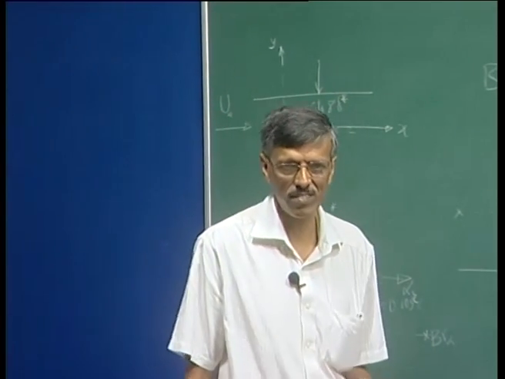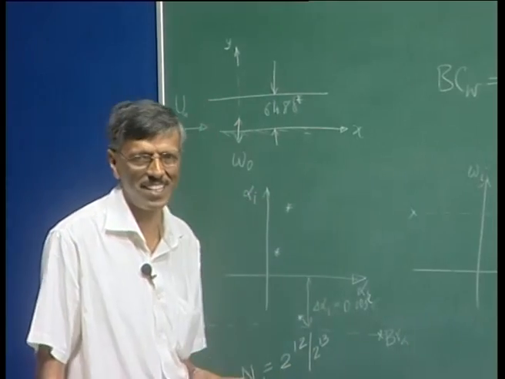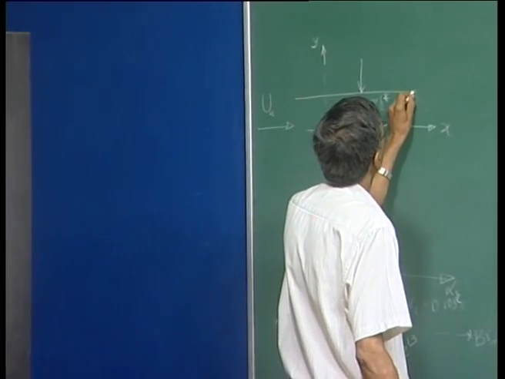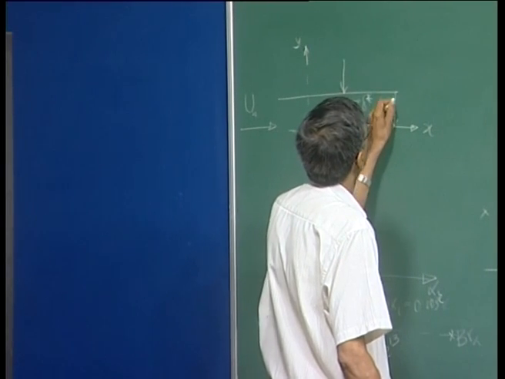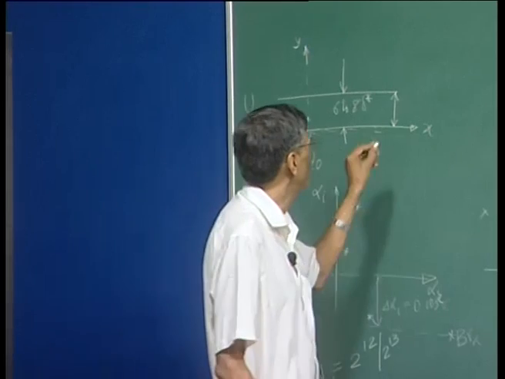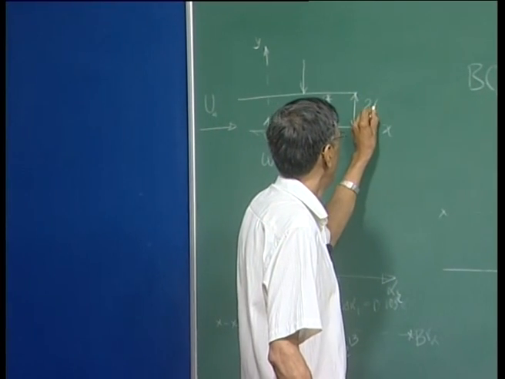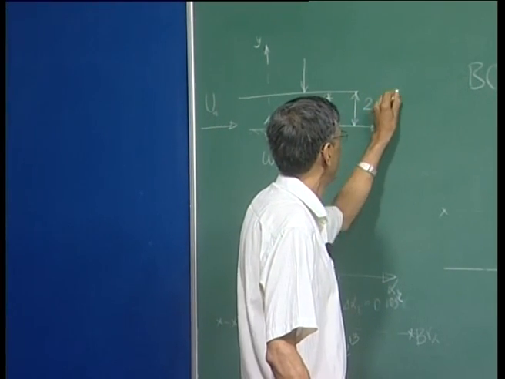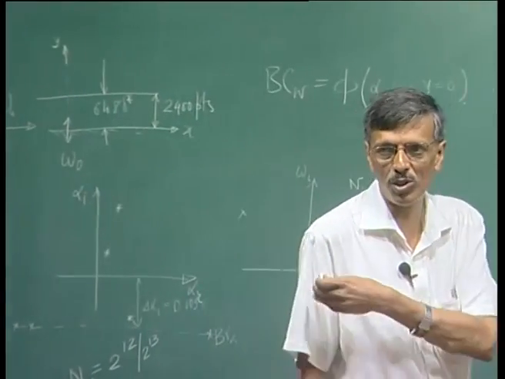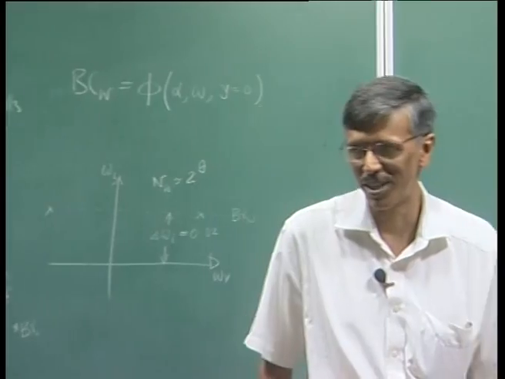Six to 8 delta star, and how many points do we take in there? Well, I think those of us who only do CFD and do not do this kind of calculation will be quite surprised. We take about, well, in the results I am going to show we have taken some 2,400 points.